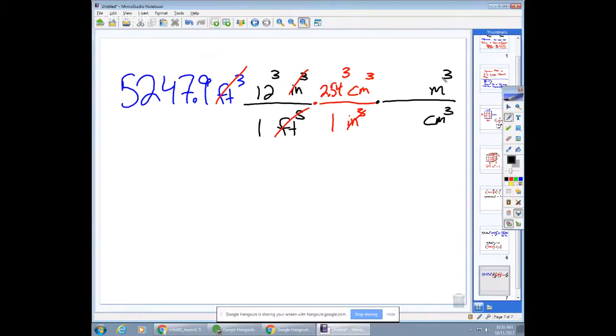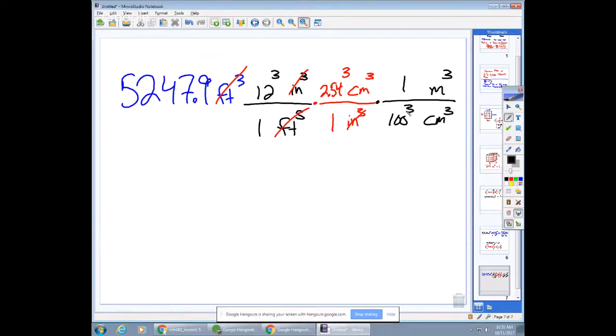So what do you know about centimeters and meters? There's 100 centimeters in a meter, right? So that means for every 1 cubic meter, I'm going to have 100 cubed centimeters.